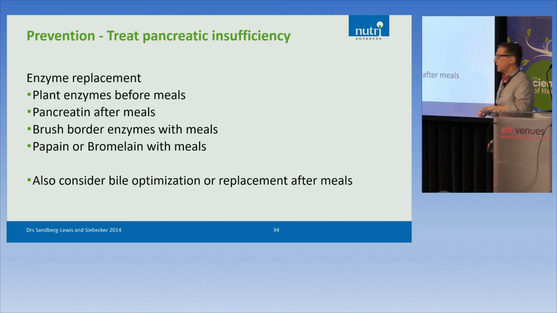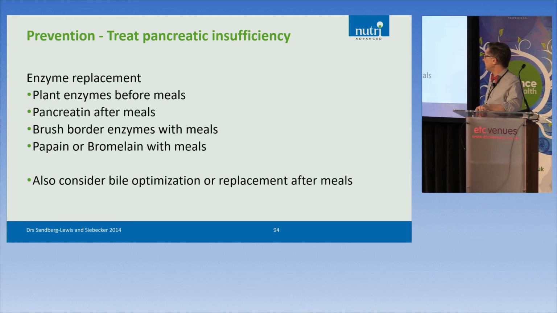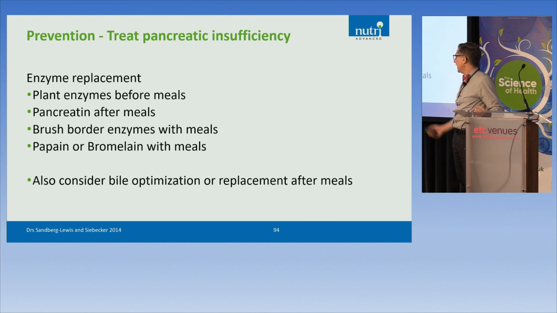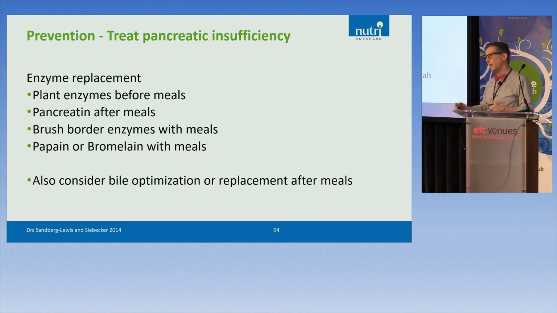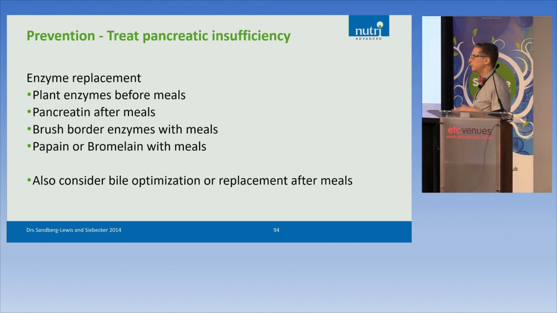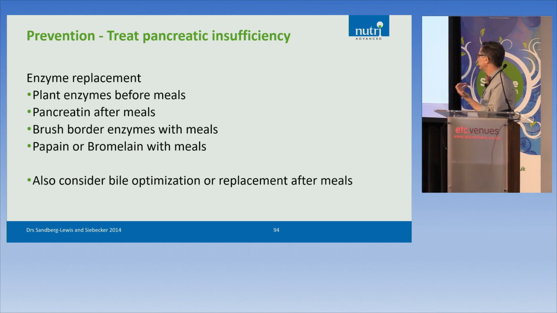We use brush border enzymes if we're going to use those with meals. And papain or bromelain, which have all kinds of good digestive effects with meals as well. And if your patient has any issue with their bile flow, you want to consider that as well. Part of the upper gate.